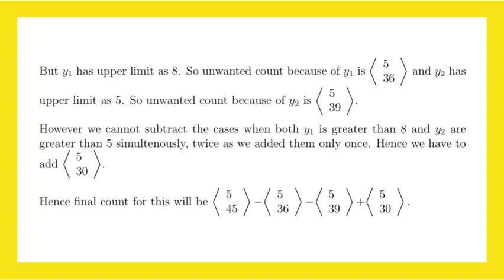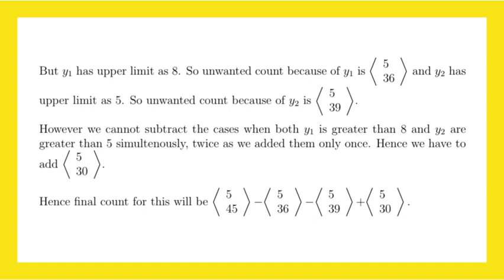So unwanted cases for y2 will be 5 elbow 39, which we have to subtract.